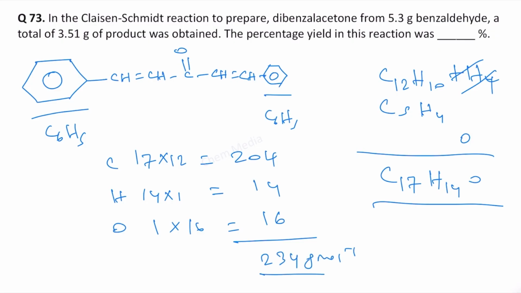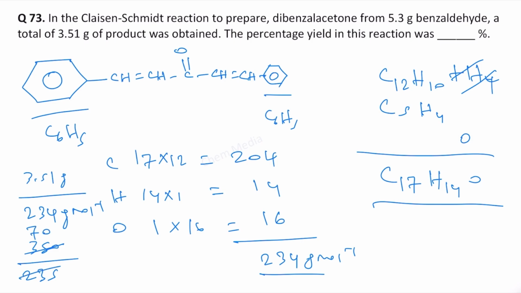Therefore 3.51 gram divided by 234 gram per mole. So let me write this as 350 divided by 235 to make the math a little easier. In that case 7 times 5, so this will be 70, and this will be 4 times 5, 20, and then remaining 3, so 47.